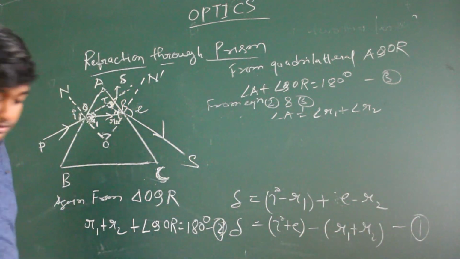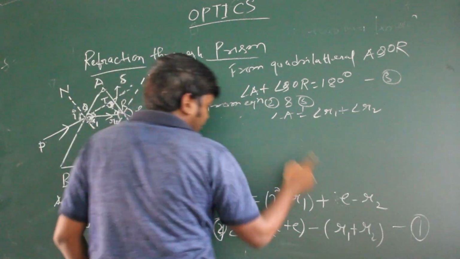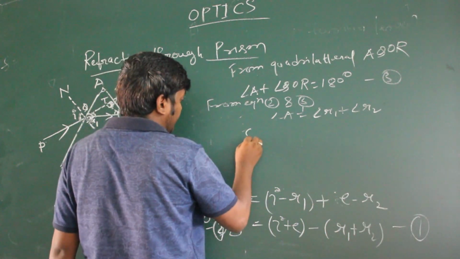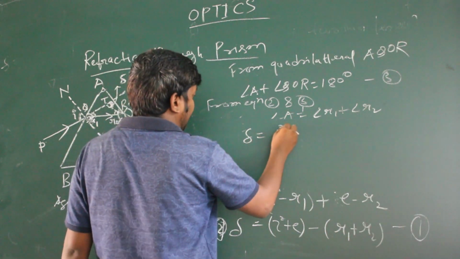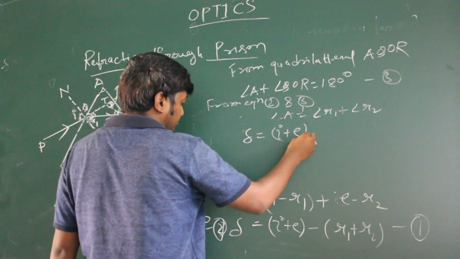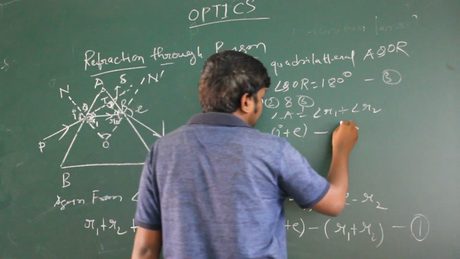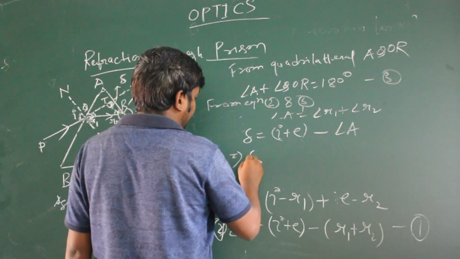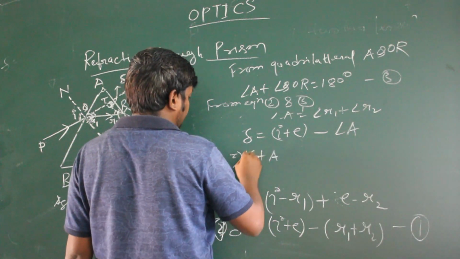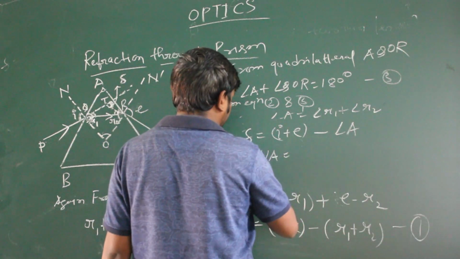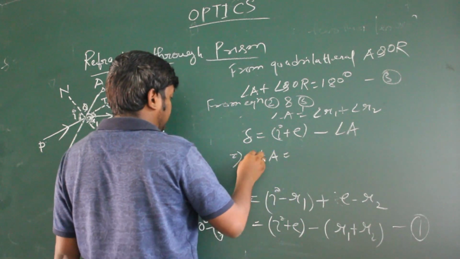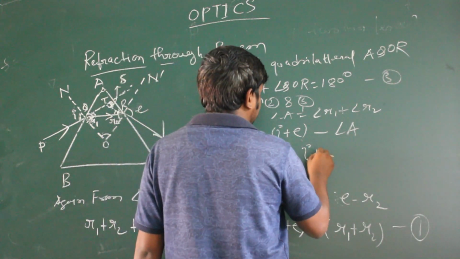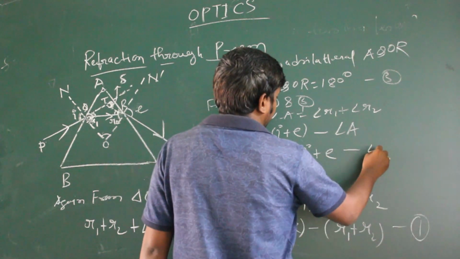Okay. Now put this value in equation 1. So there will be del equals how much? I plus E minus what is R1 plus R2? R1 plus R2 is A, angle A. So from this we can write del plus A equals I plus E. Give it equation number 4.